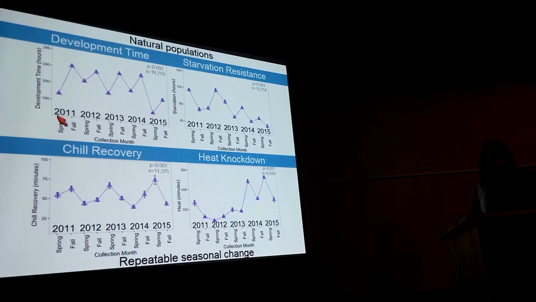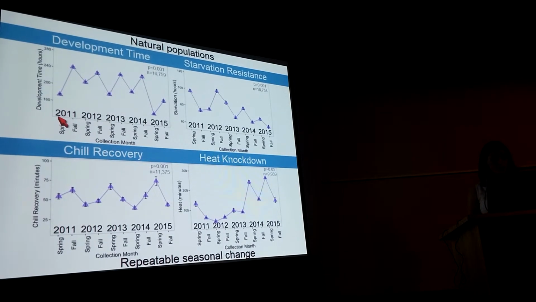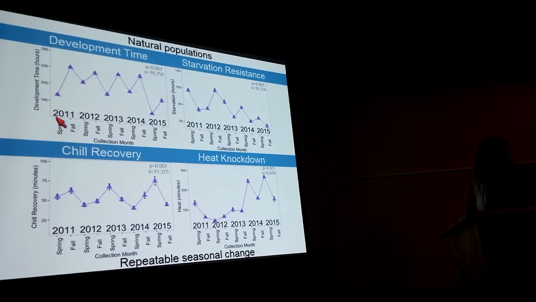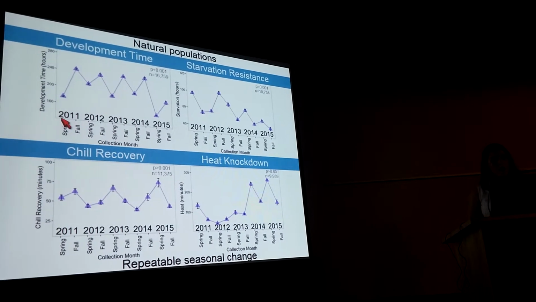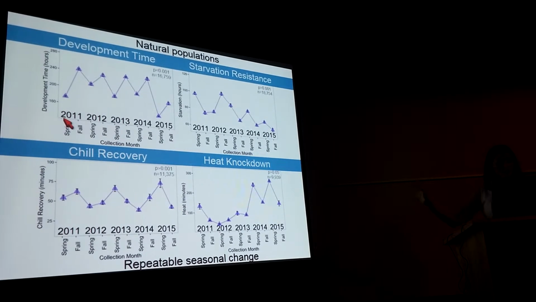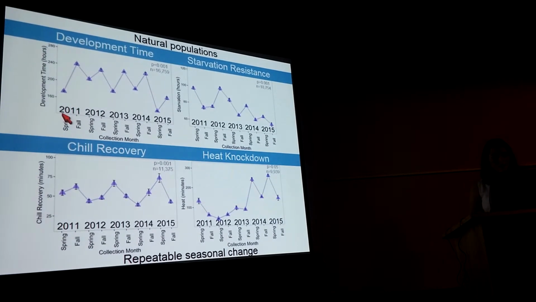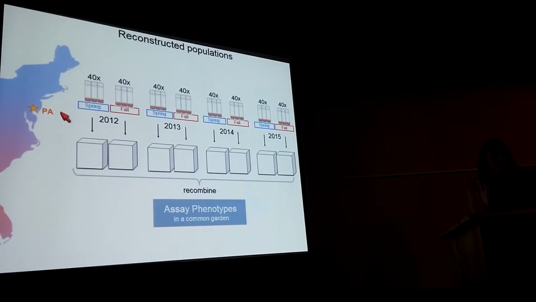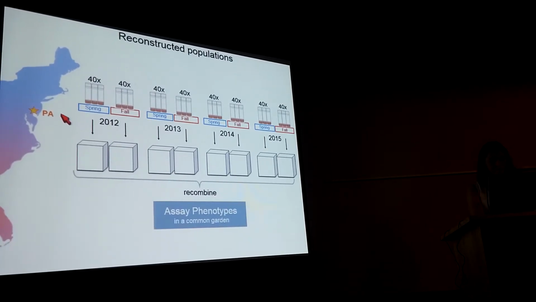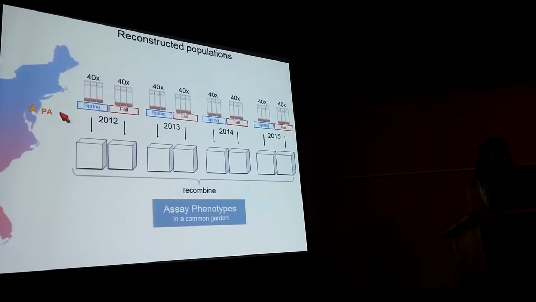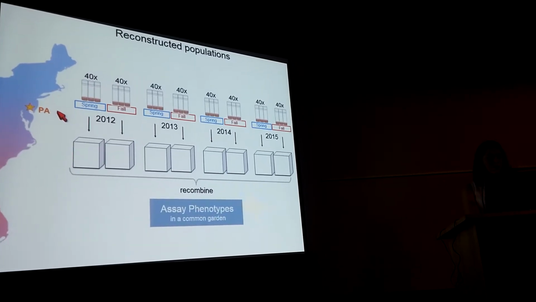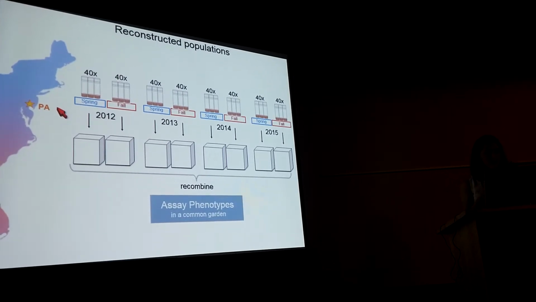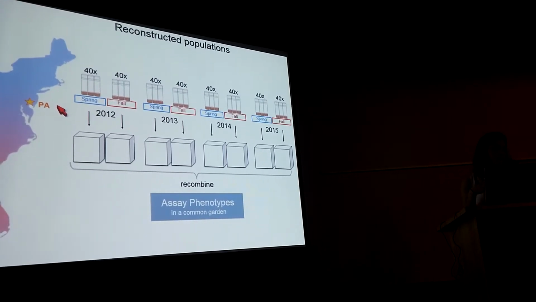Another problem inherently with measuring over temporal scales is that by standardizing the amount of time in laboratory culture before phenotyping them, I'm not able to measure these traits at the same time. So to address that, I maintained the isofemale lines in the lab, and after all the collections were complete, I reconstructed populations from each collection by allowing 40 of the different lines to recombine in a population cage.